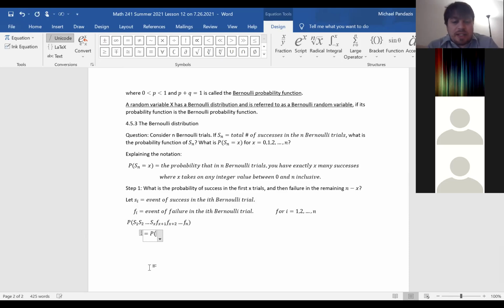So this is equal to the probability of success in the first times the probability of success in the second times ... times the probability of success in the X trial times the probability of failure in the X plus first trial times the probability of failure in the X plus second trial times dot dot dot times the probability of failure in the nth trial.